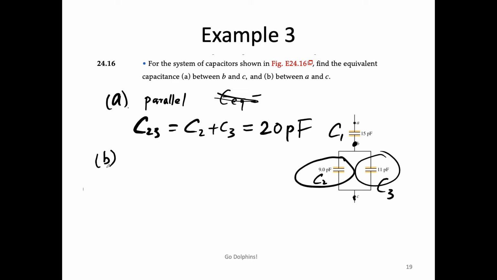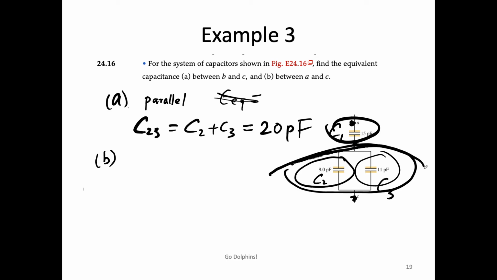Now I want to find the equivalent capacitance between A and C. So basically it's this capacitor and this capacitor in series. You have two capacitors in series, so you have C1 and C23 in series.